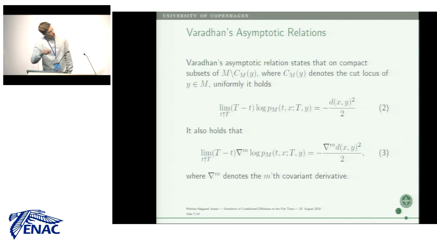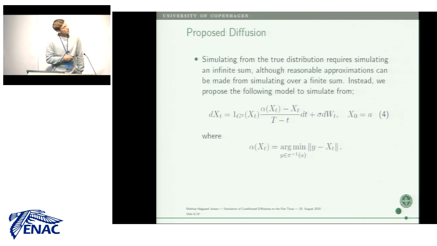And then we wanted to use the term on the right here as our drift term. So that led us to this SDE. Once again, in this case of the flat torus, you can actually simulate the true Brownian bridge. And instead, we chose to look at this diffusion process where the drift term just directs to the closest point in the conditioning set.